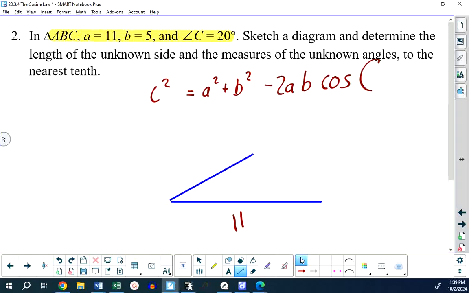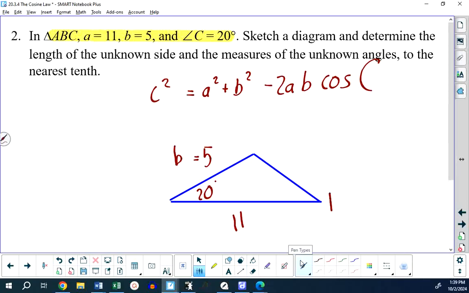And this is 5. That looks pretty good. Let's label things. If this is B, this is angle B. If this is A, this is angle A. And that leaves little c, which we don't know, and big C.